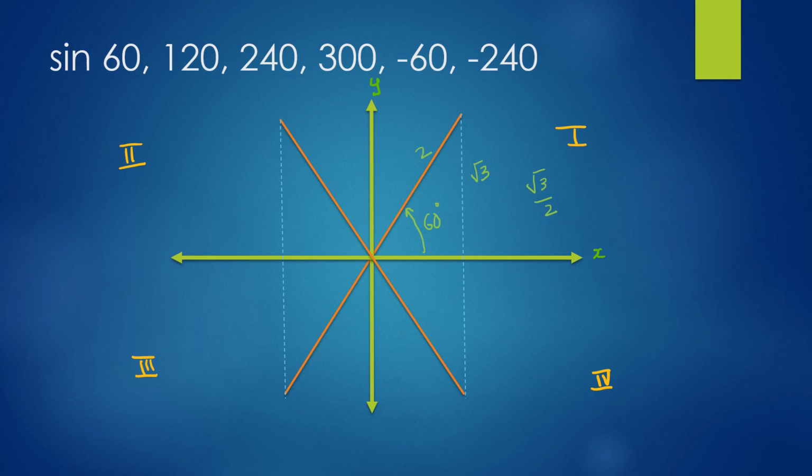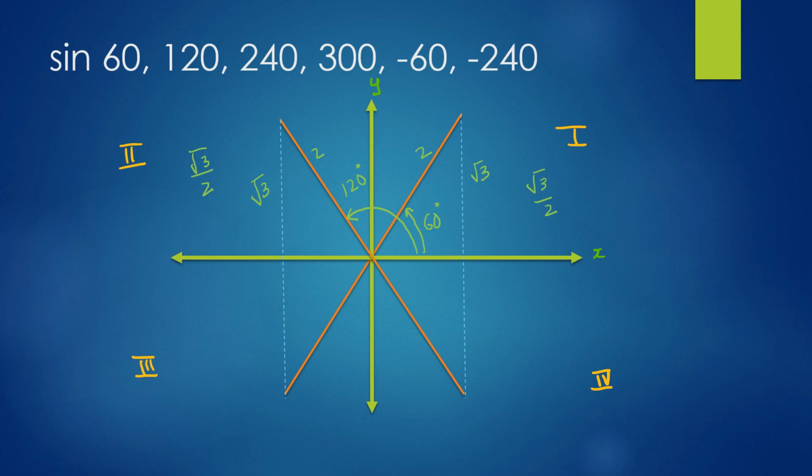Now let's look at the mirror image of 60 degrees in the second quadrant, and this angle is 120 degrees. Here the value of y coordinate is again positive root 3, hypotenuse is 2, sine is root 3 by 2. It's a mirror image of 60 around the y-axis.